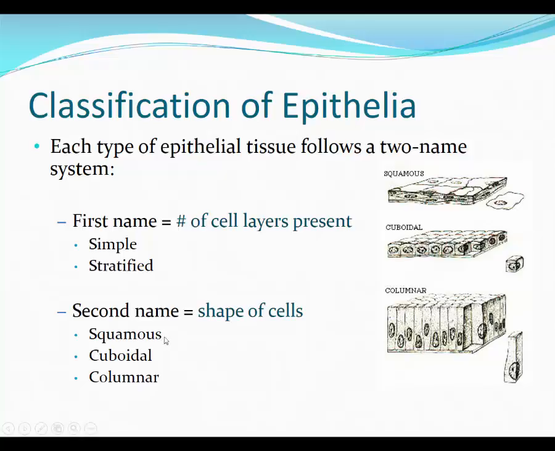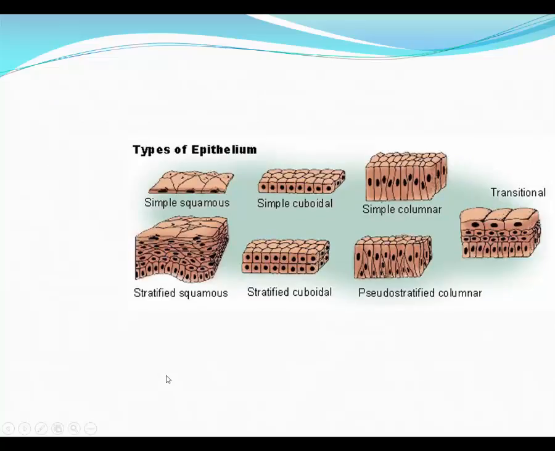If it's flattened squashed cells, we call them squamous cells. Cuboidal means they're square cells. Columnar means they're tall. So you can see the different shapes of the cells here on the right-hand side. So there's a 2-name system: first the number of layers, second the shape of those cells. So here are the different epithelial cells.